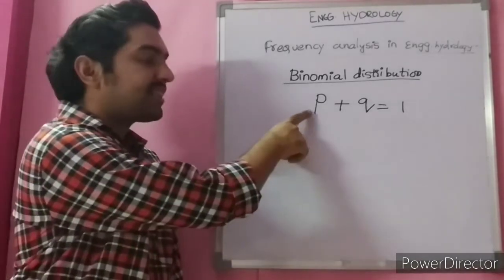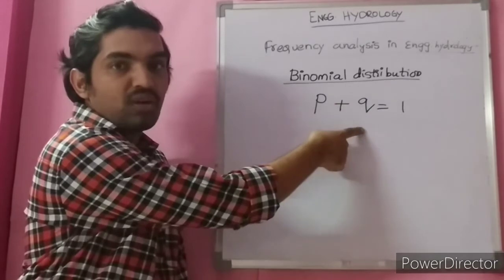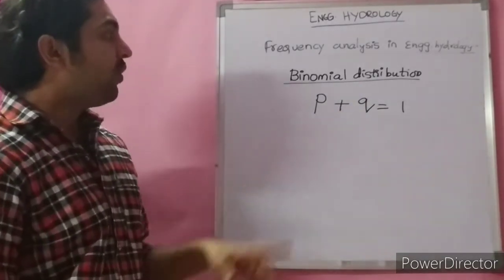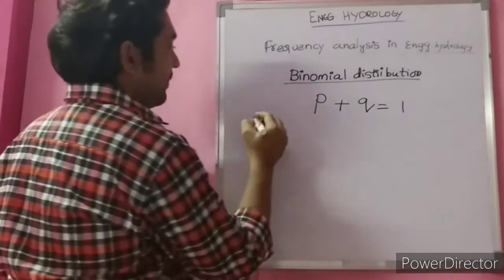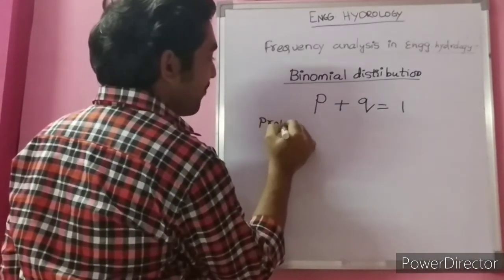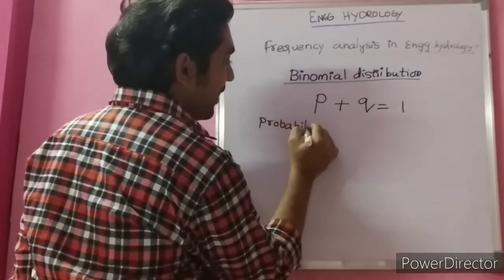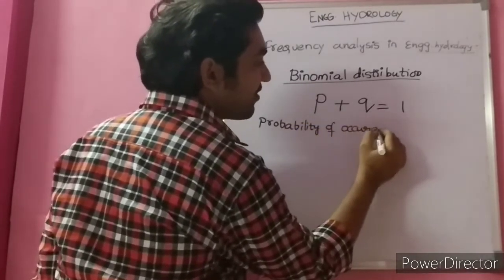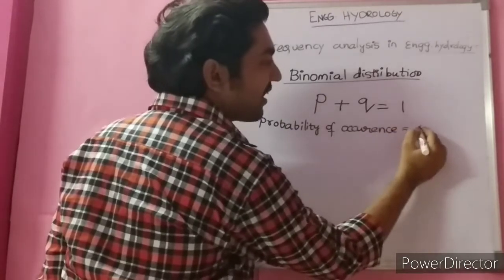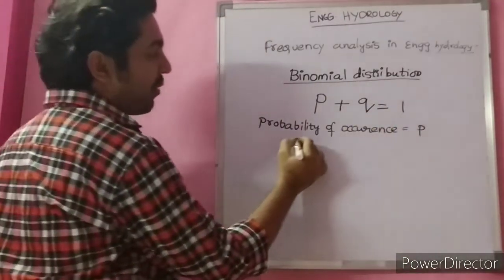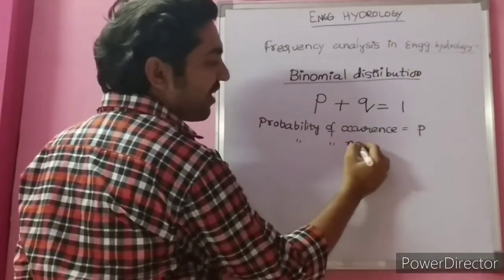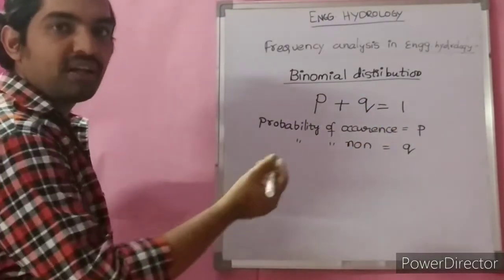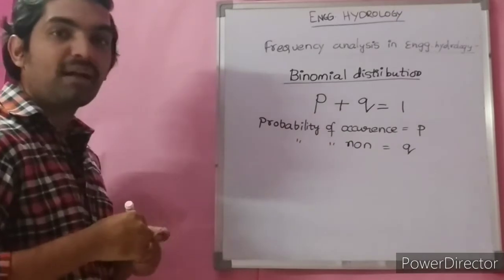So the probability of success is P and the probability of failure is Q. Q is nothing but 1 minus P. So the probability of occurrence of a flood is P, and the probability of non-occurrence of a flood is Q.